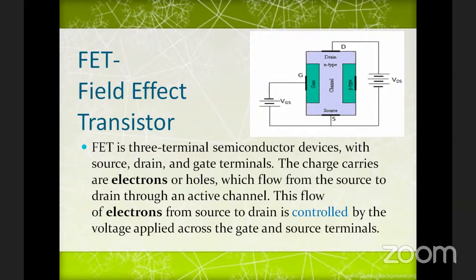It contains three terminals: drain, source, and gate. The chemical reactions taking place at the gate terminal will generate the electrical potential that will be amplified suitably by the field effect transistor.